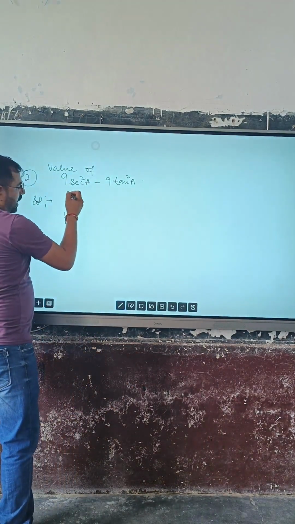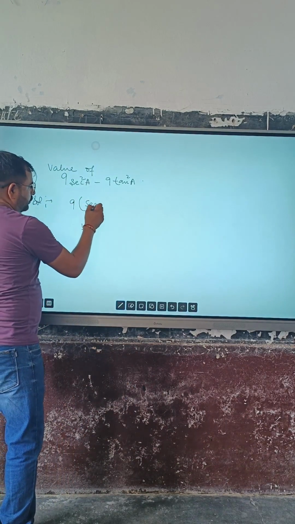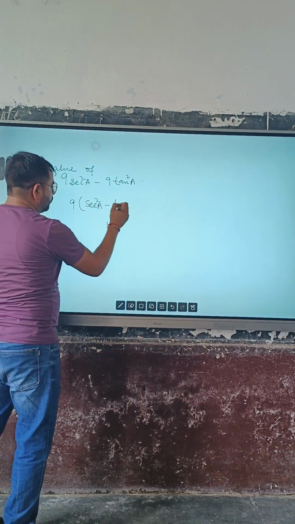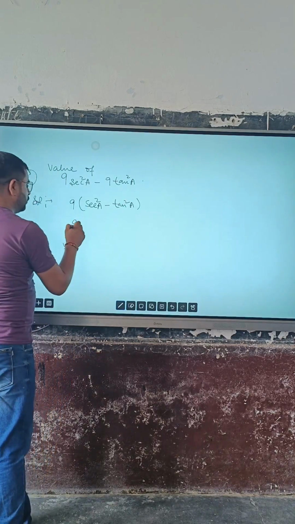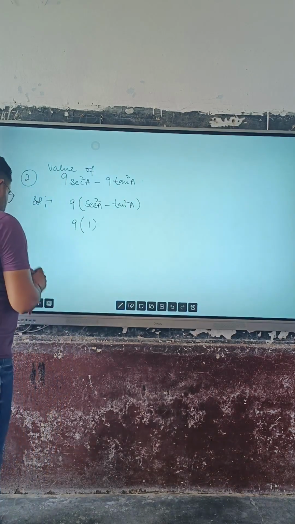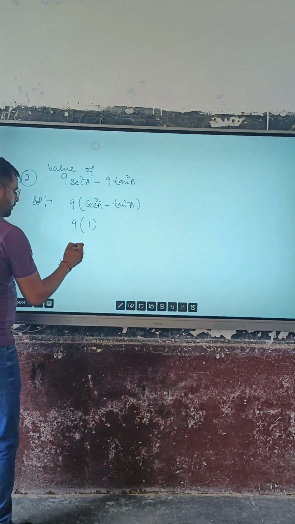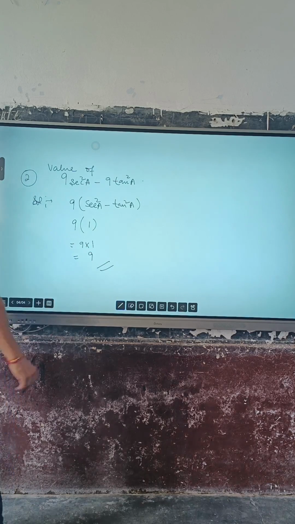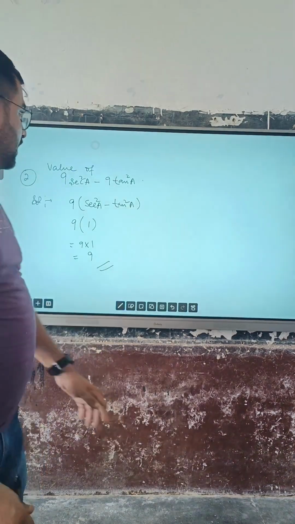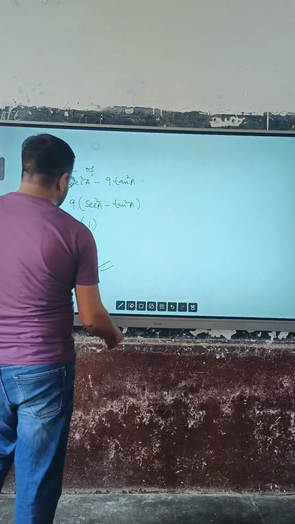Taking 9 as common, secant square A minus tan square A is equal to 1. So 9 into 1 equals 9. So the value of 9 secant square A minus 9 tan square A is 9.